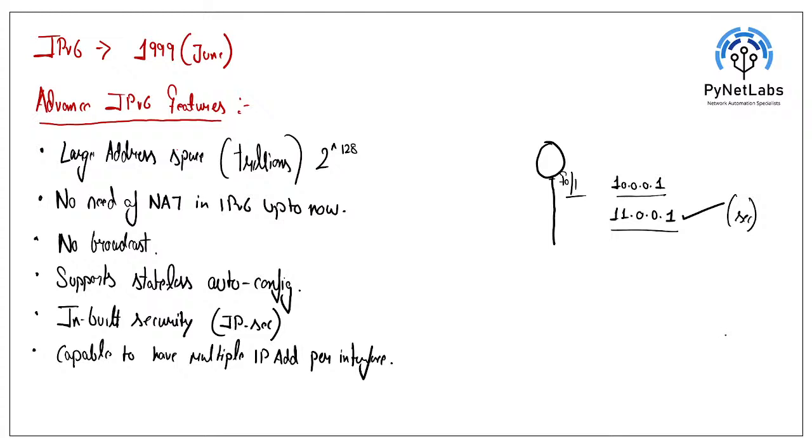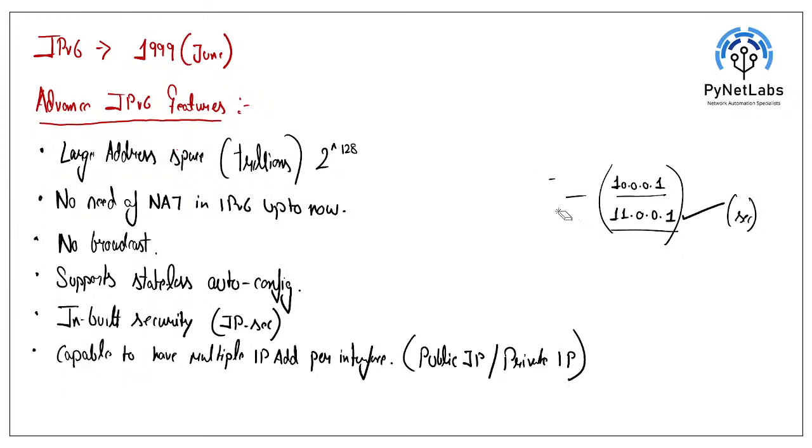And when we go with the IPv6 configuration, there is one more thing to understand: if you are assigning two IP addresses in IPv6 on an interface, you can assign one public IP, and also you can assign a private IP on one single interface. So this is just a little comparison of IPv4 and how IPv6 is advanced in comparison to IPv4 addresses. So this is what we have seen.